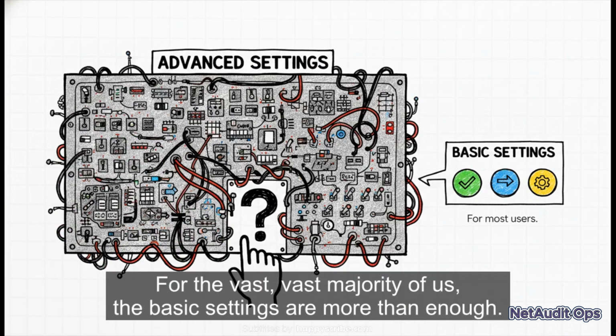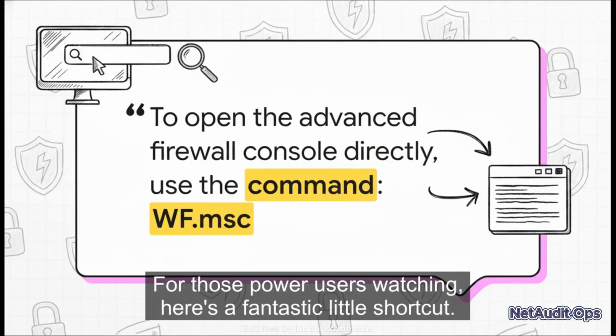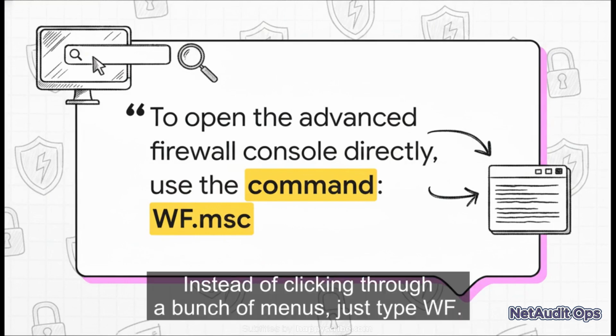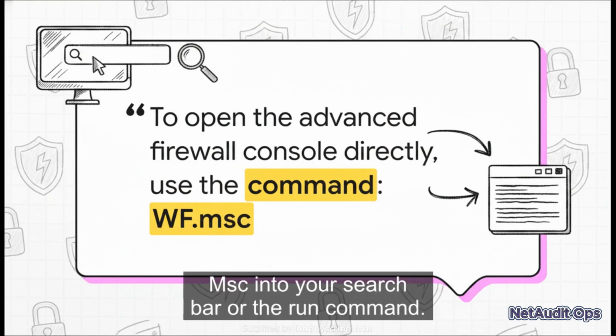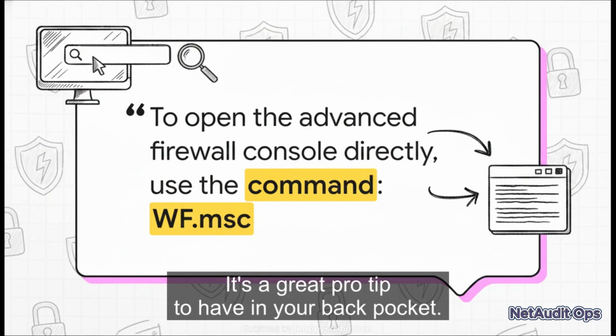For the vast majority of us, the basic settings are more than enough. This section is strictly for the power users out there. And for those power users watching, here's a fantastic little shortcut. Instead of clicking through a bunch of menus, just type wf.msc into your search bar or the run command. Boom, it takes you straight to that advanced security console. It's a great pro tip to have in your back pocket.